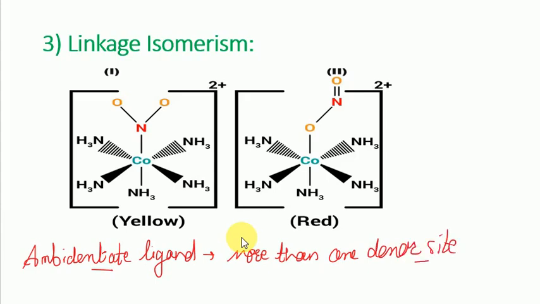If the ligand has more than one donor site, then it can show linkage isomerism.